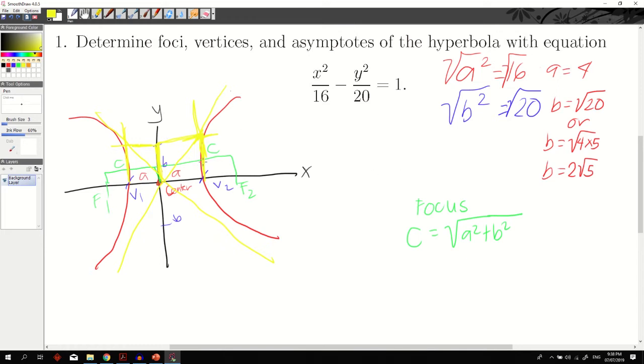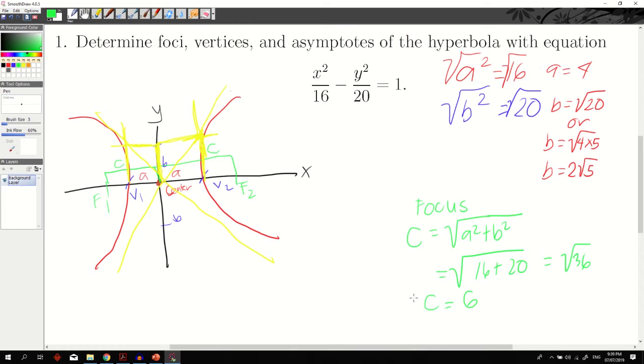Let's get the foci first. c equals the square root of a squared plus b squared, which equals the square root of 16 plus 20, which is the square root of 36, which equals 6.